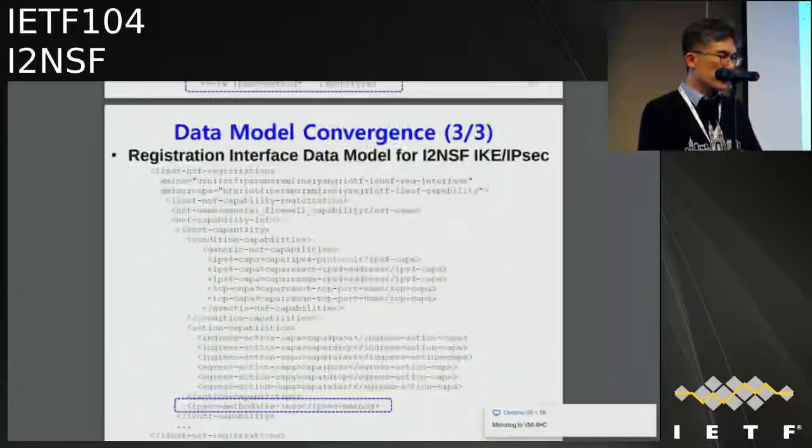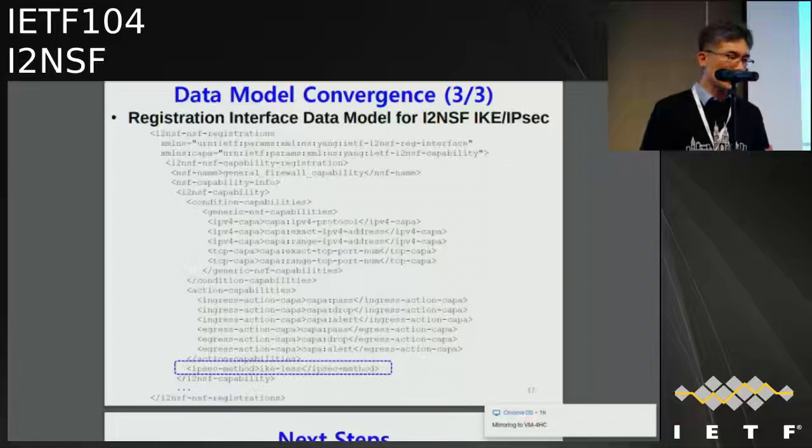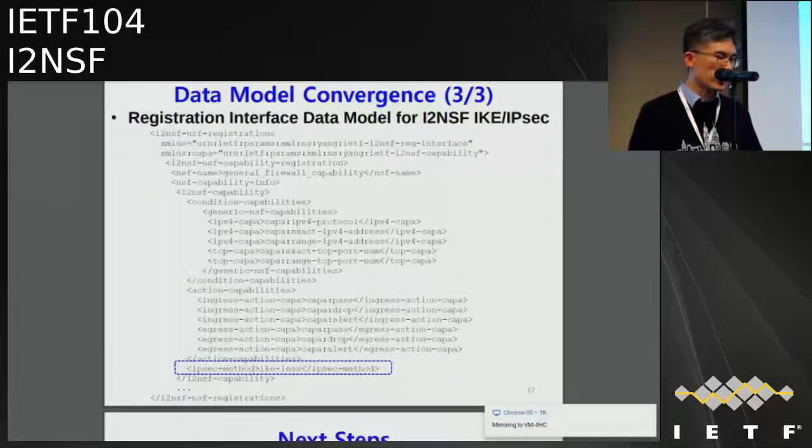And the registration interface can specify concretely, such as this NSF supports the IKE list case, so we can easily provide this kind of selection of IKE list. The security controller can tell the security NSF facing interface which kind of IKE method is used for the NSF.